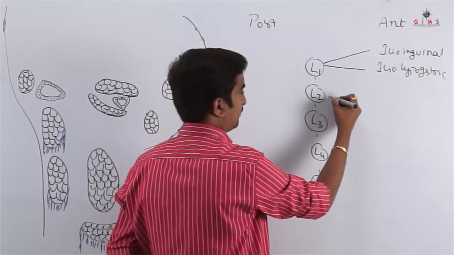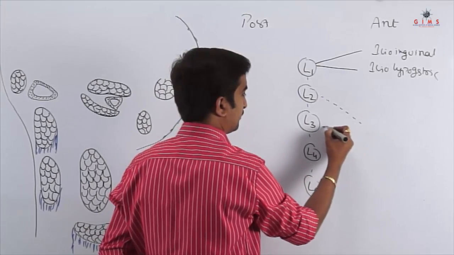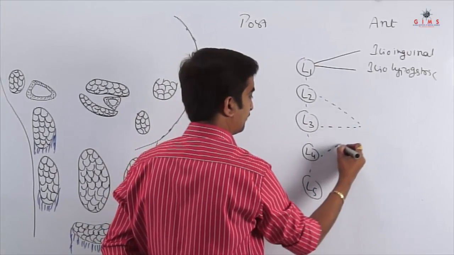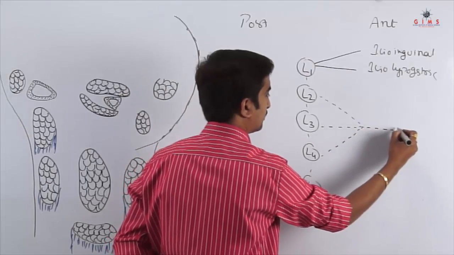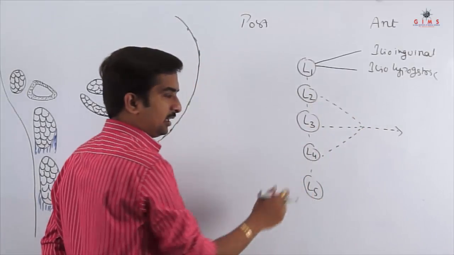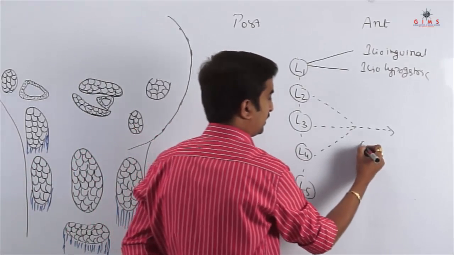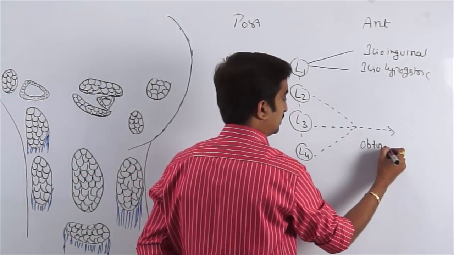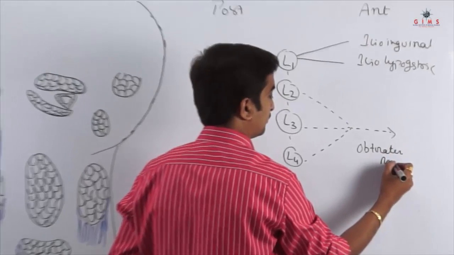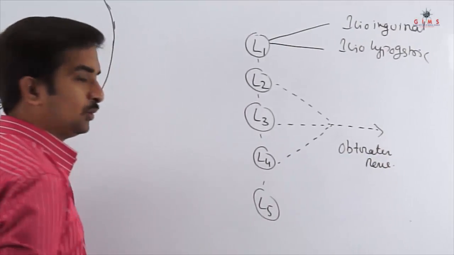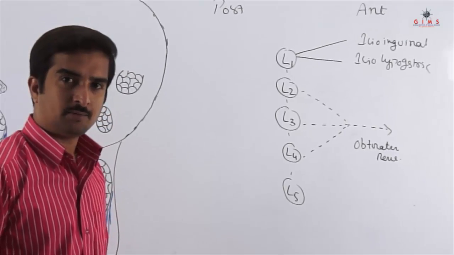So if you see L2, L3 as well as L4, L2, L3, L4 combine to form the obturator nerve.